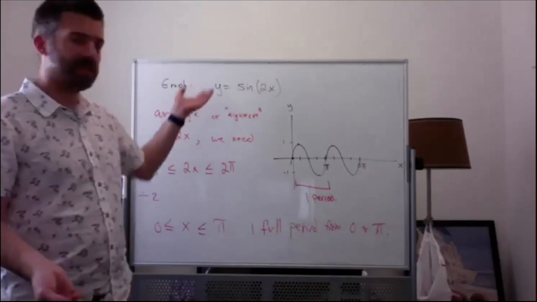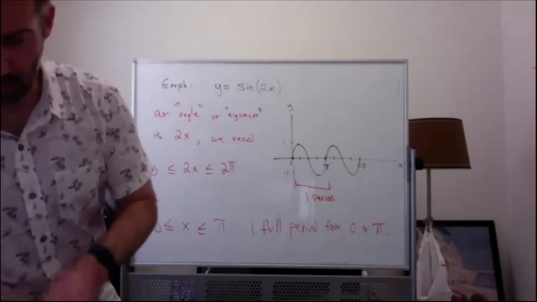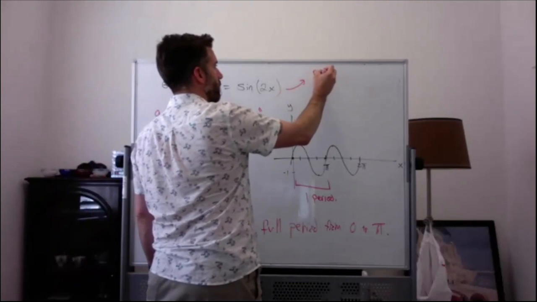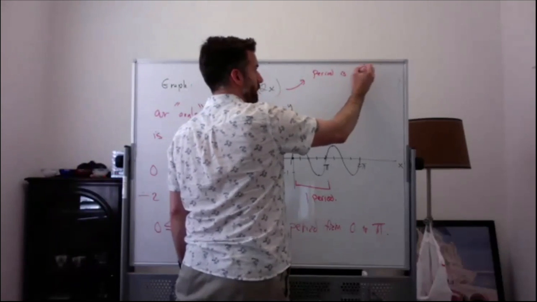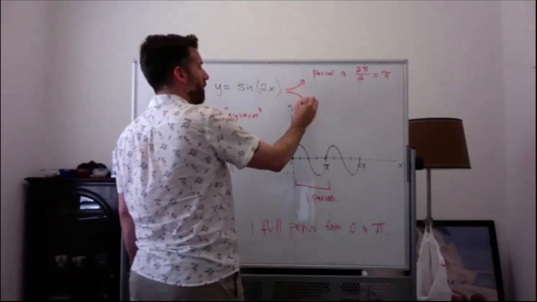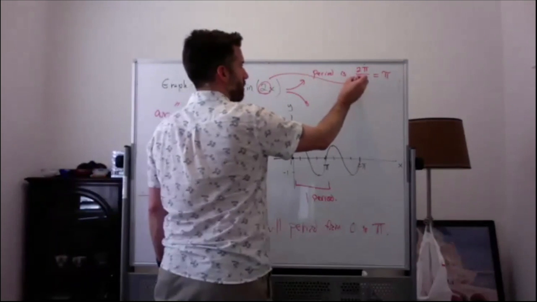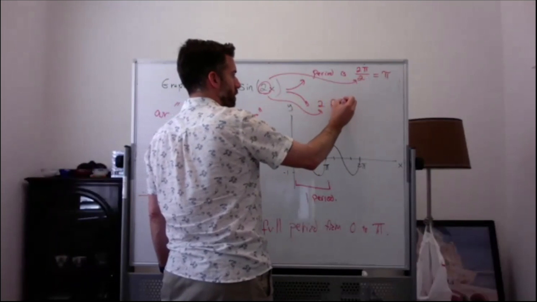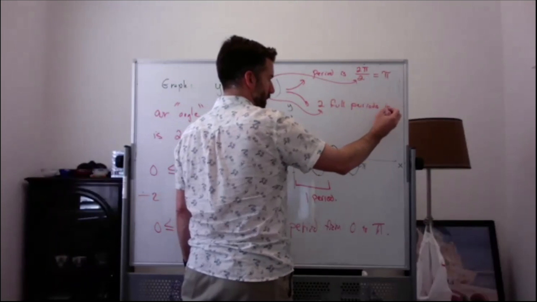So when I graph sine of 2x, I think about it in 2 different ways. You can either think of the period as half of what it would be. It's 2pi divided by 2, which is pi. The other way to think about it is whatever this number here is, you get that many full periods in the usual period length.